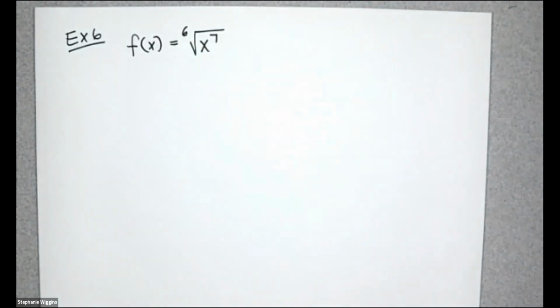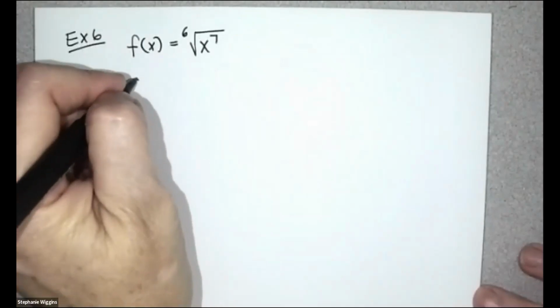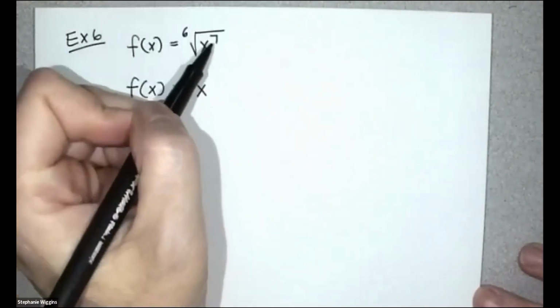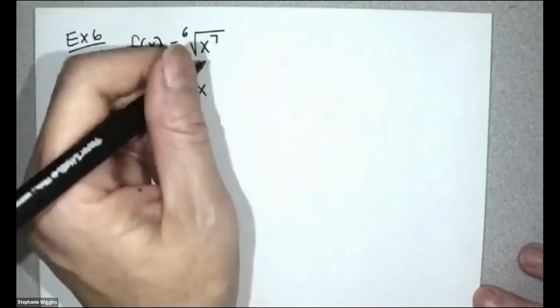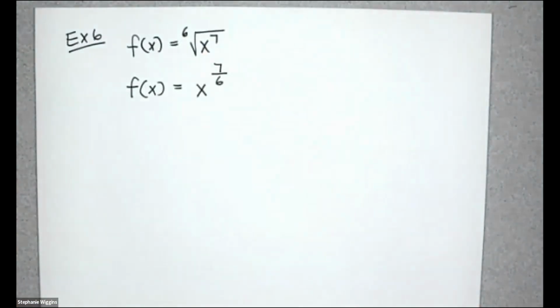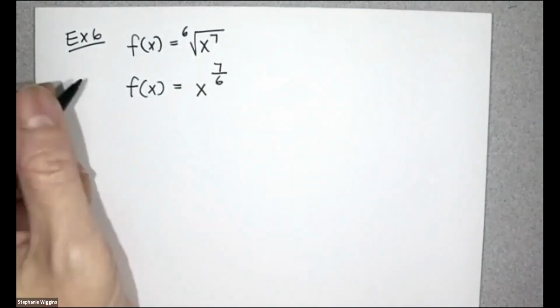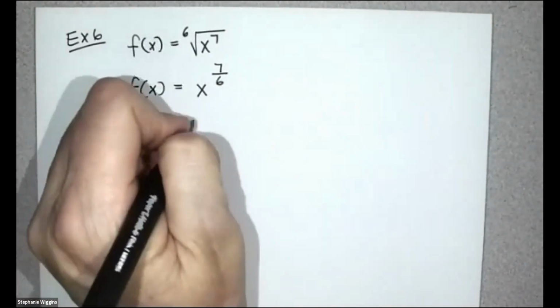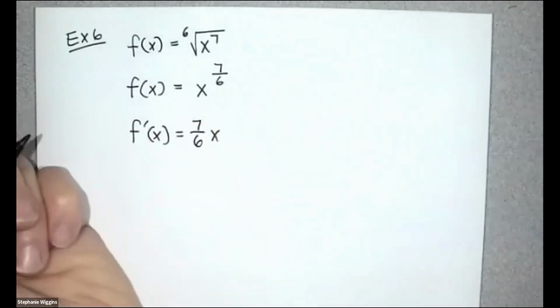So again, there's no rule for radicals. But if we think of this radical as an exponent, I want to convert this to x. Remember, the power on x is the numerator and the root is the denominator. So this is x to the 7/6. Now that it's written as a power, I can apply the power rule. So when I take the derivative, I have 7/6 x.